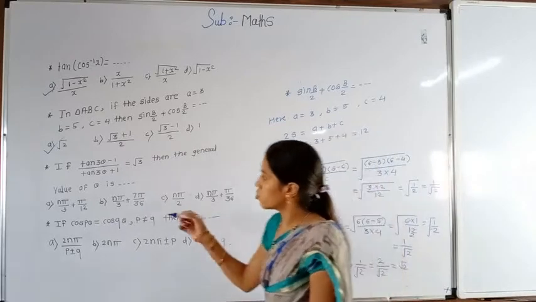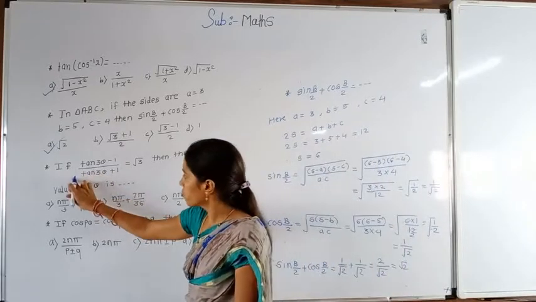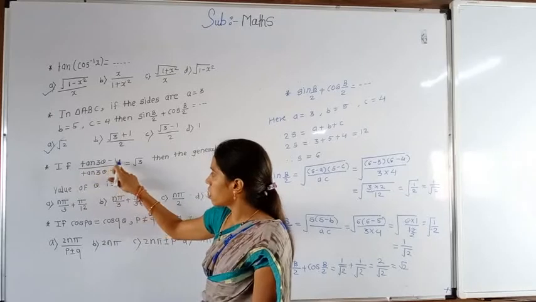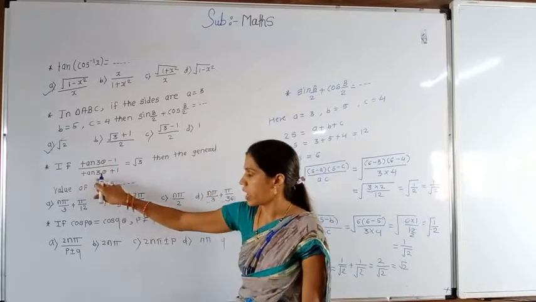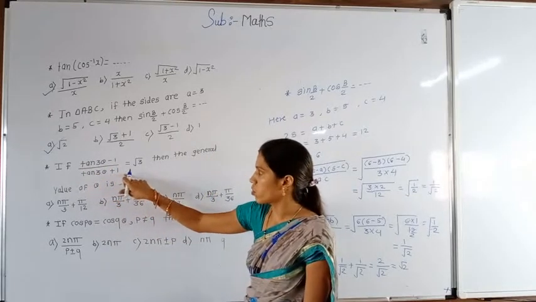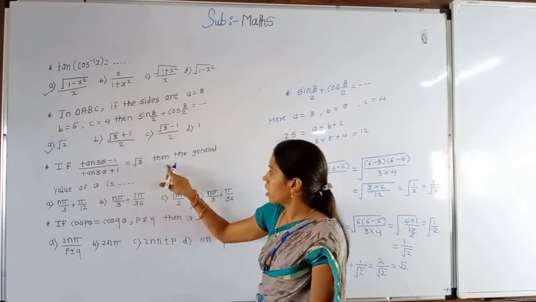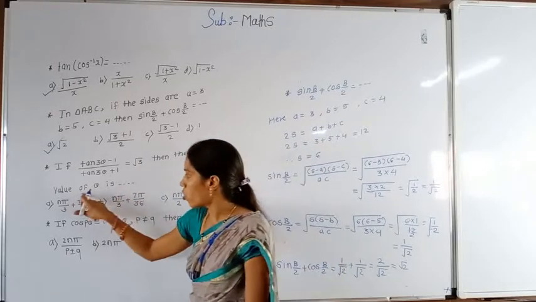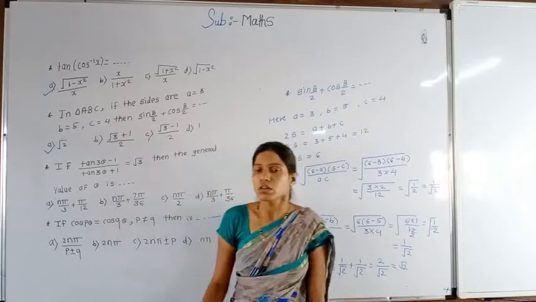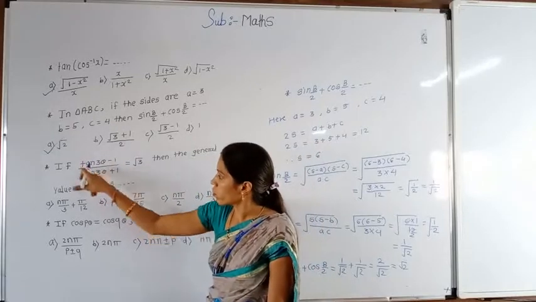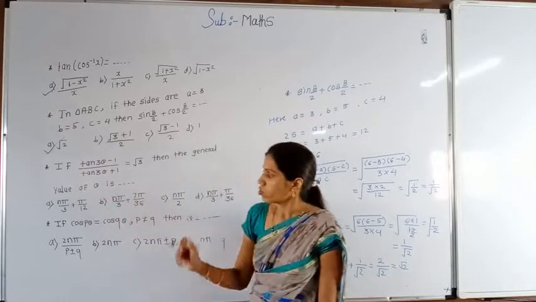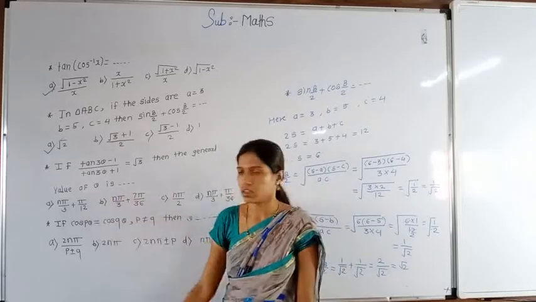The next MCQ is, see here, if tan 3 theta minus 1 divided by tan 3 theta plus 1 is equal to root 3, then the general value of theta is. So solving this trigonometric equation, we have to find the value of theta.